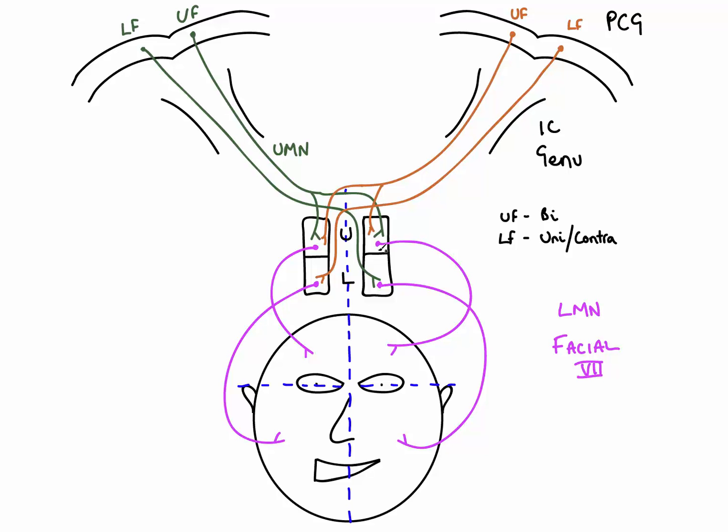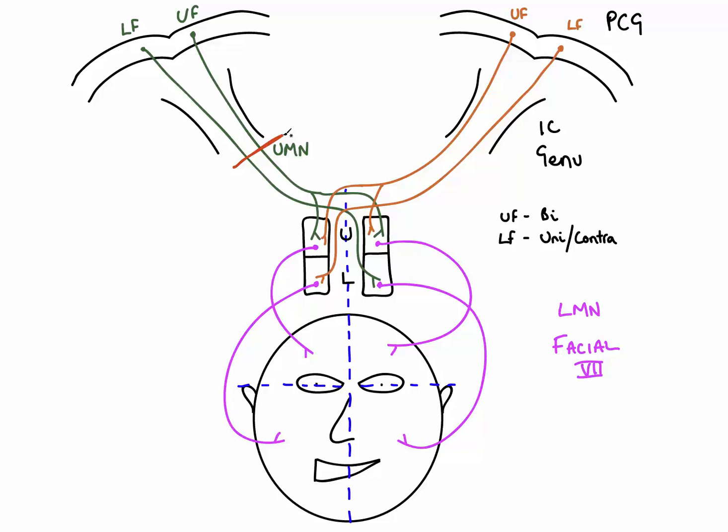So if we were to have an upper motor neuron lesion, sometimes known as a supranuclear lesion because it's occurring superior to the nucleus, a transient ischemic attack or a localized stroke within the genu, say, then we are going to knock out these upper motor neurons. So let's assume we've knocked out these upper neurons.